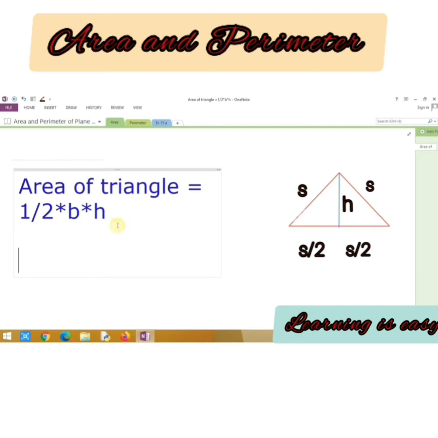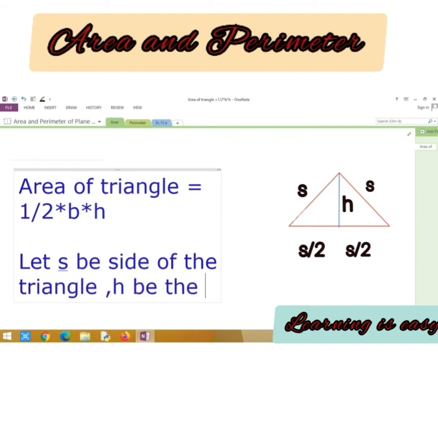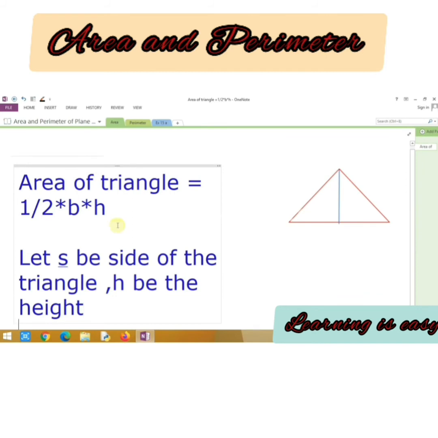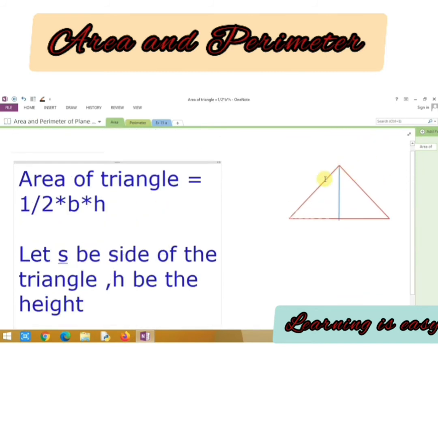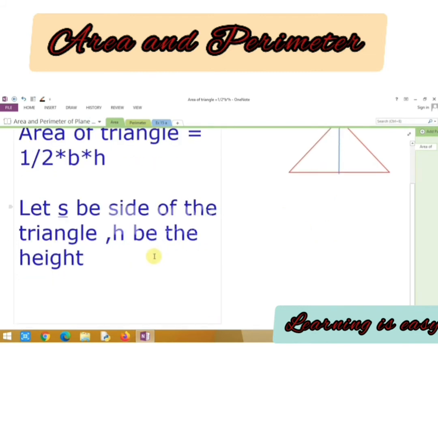If you see, it's a right angle triangle. By Pythagoras theorem, we know hypotenuse square equals the sum of base square plus perpendicular square. Here s is the hypotenuse and h is the height, and s by 2 is one part of the base.